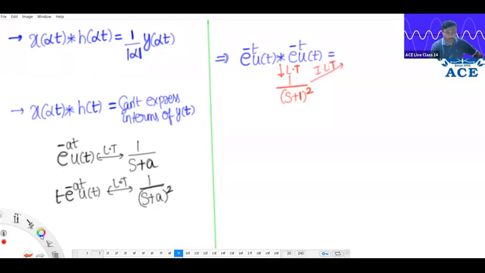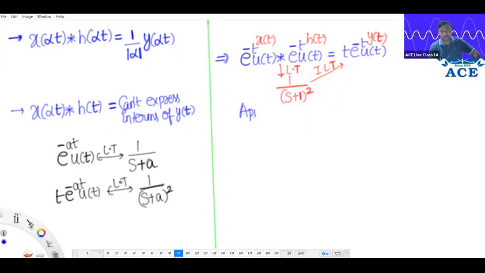It is Laplace of which function? T times e power minus t ut. It means this is like x of t, h of t, y of t. X of t we have taken as e power minus t ut, h of t also the same. After convolving, we got this as output, sir.